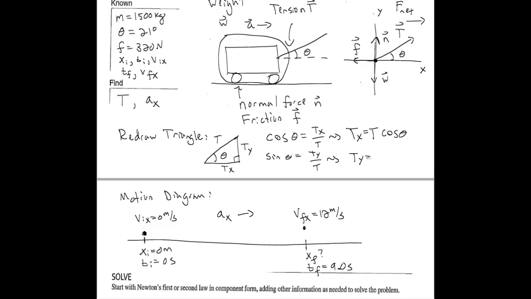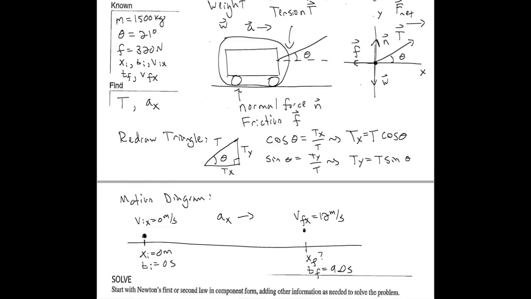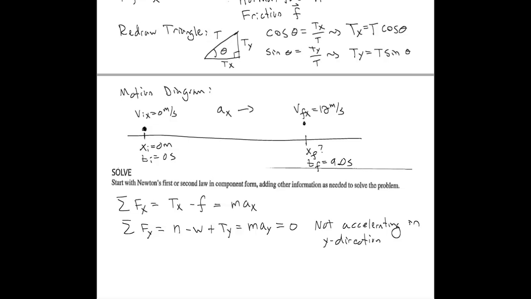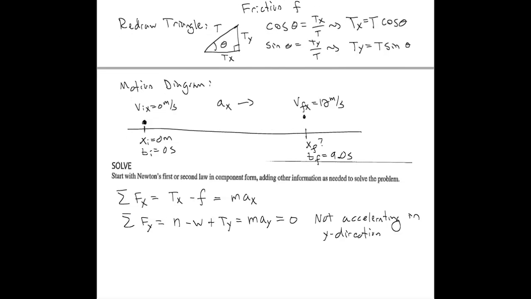So the y component of tension is T times sine of the angle theta. Okay, so we have the x and y components of the tension, and we can plug them down into our expressions for the forces. But I can actually see already that the y direction isn't going to tell us a whole lot.